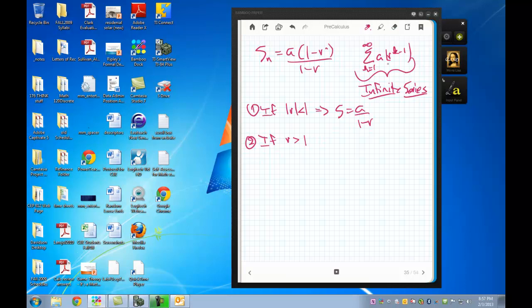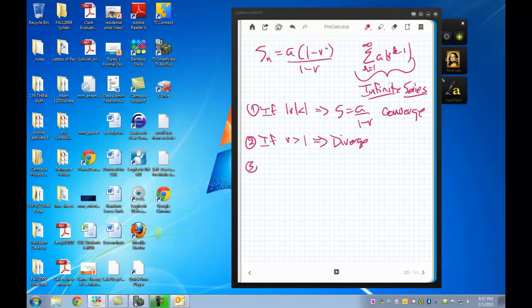Well, for every time that I multiply ar by a number that's greater than 1, right? I know this thing is going to diverge. Oh, by the way, this converges. Throwing all sorts of new vocabulary at you. All right? It's going to diverge.